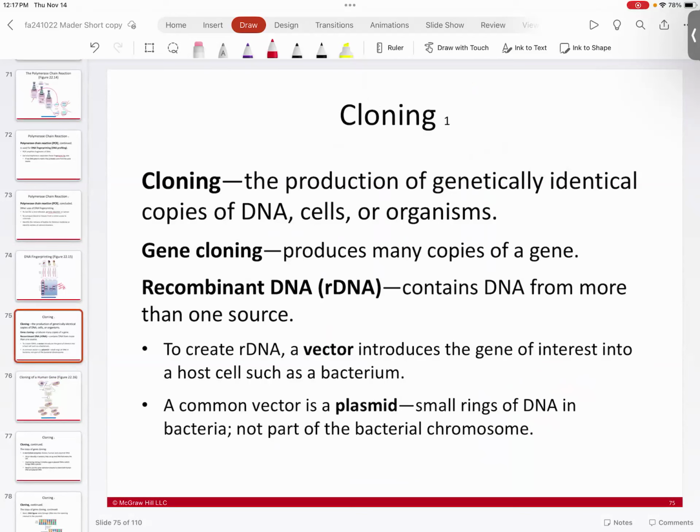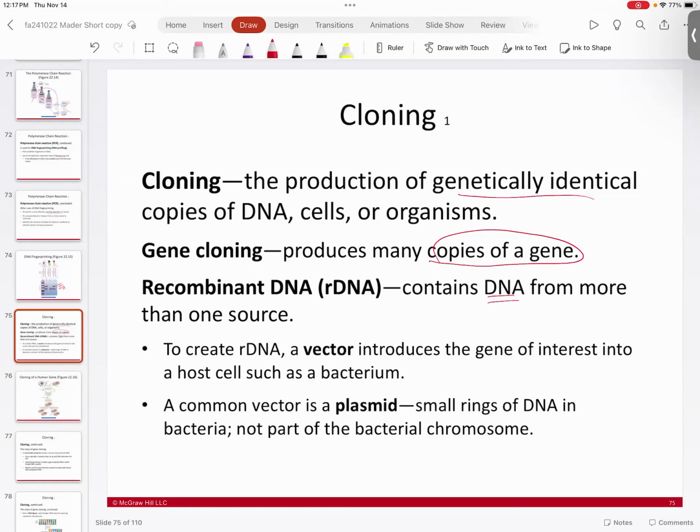Now, cloning is a little bit different. Cloning is when we produce genetically identical copies of DNA, cells, or even organisms. Gene cloning is essentially when we're making many copies of a gene. So you could argue that polymerase chain reaction was a form of gene cloning. Recombinant DNA technology, however, is a situation where you take DNA from one source and put it into another.